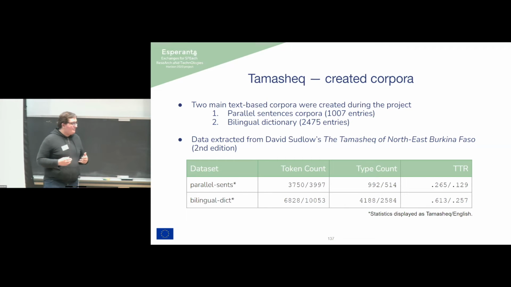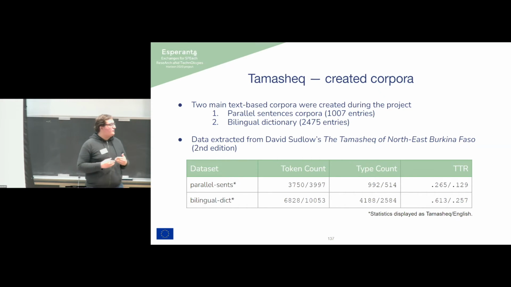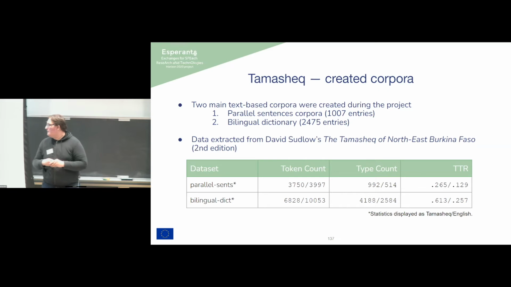That is because of the way the author decided to translate things with a many-to-one sort of mapping, with many variations of the same Tamashek word mapping to one English word. So that is something to keep in mind too if you do want to use this bilingual dictionary. And these statistics are for the Tamashek English data sets, not for the Tamashek French.